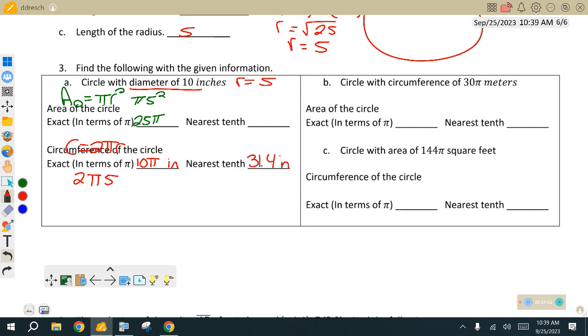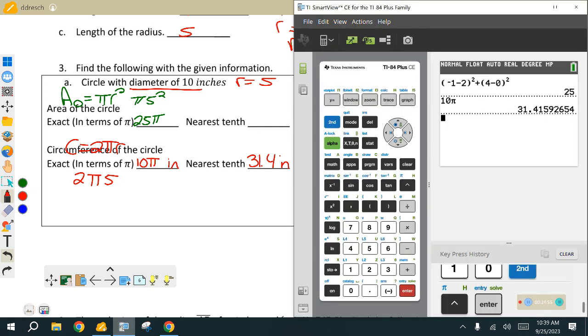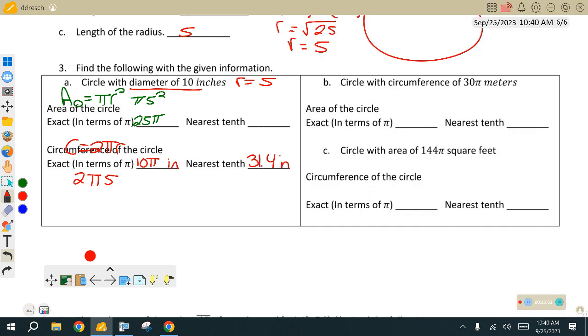Go to my calculator, nearest tenth. What is 25 pi? Yep, nearest tenth is 78.5. Get to know those calculators. Now we're area. Area, doesn't matter what it is, area is units squared. In this case, meters squared.